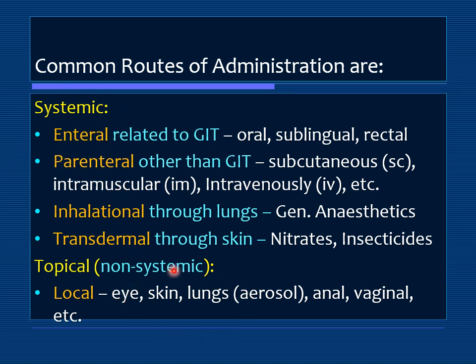But if we want the effect to be restricted to the lungs, it will be regional or topical non-systemic. And similarly, the anal route: topically, some ointment or cream we are applying into the anal canal for some problem like hemorrhoids, etc. And vaginal, some preparation applied to the vagina for some vaginal problem.